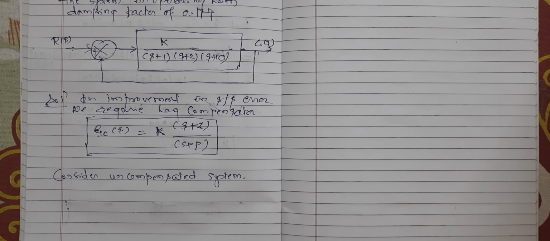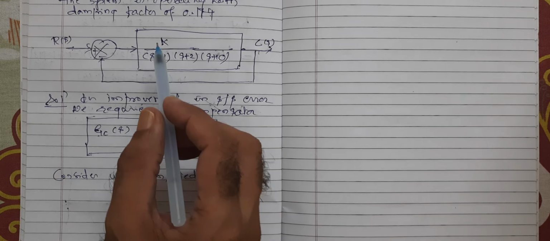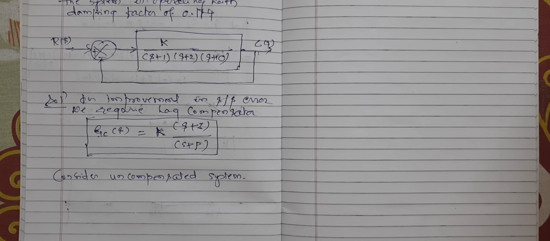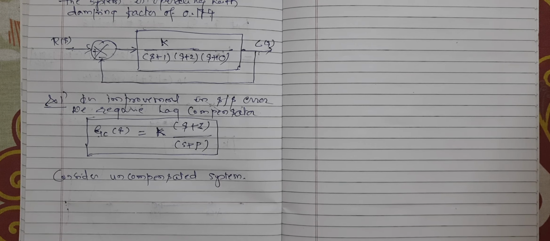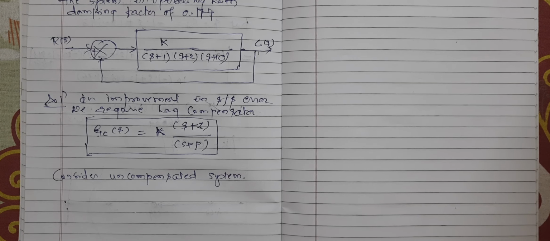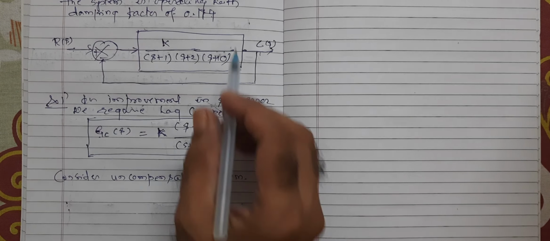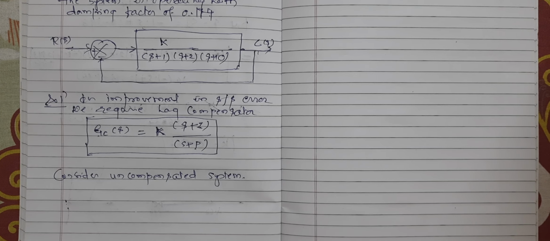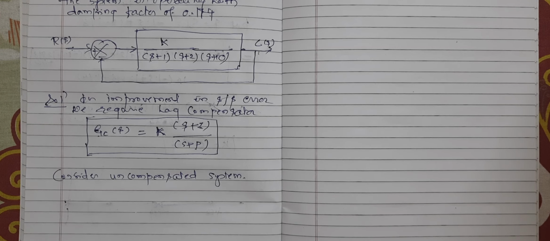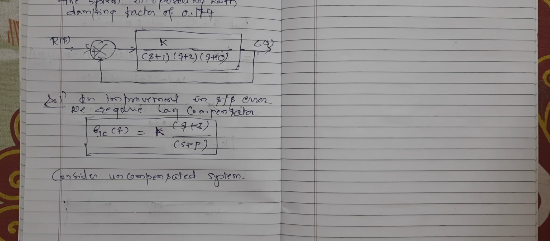After finding K, that value we will put it here, and then we will find out the steady state error of the system. To find out the steady state error of the system, we must know the value of s, the desired pole location of this uncompensated system.